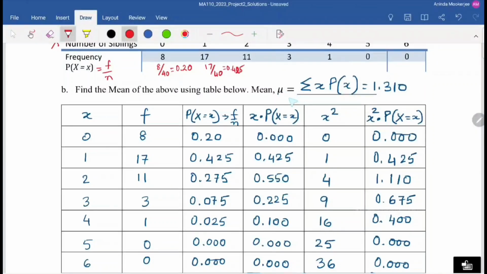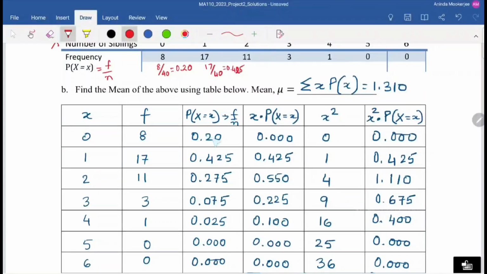Now, for the formula of the mean, it's sigma x times probability of x. That means first we have to multiply all the probability values we found in the third column by the x values in the first column. So that's what I've done in the fourth column. So 0.20 times 0.